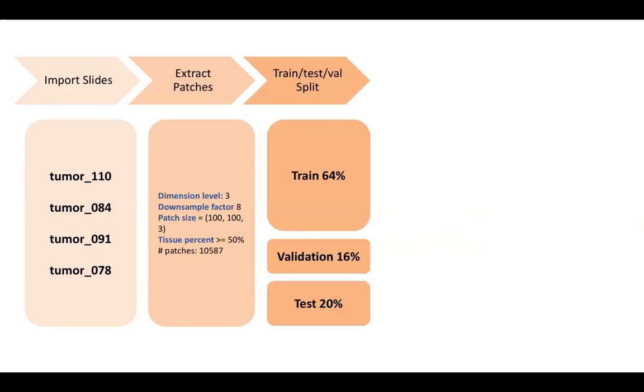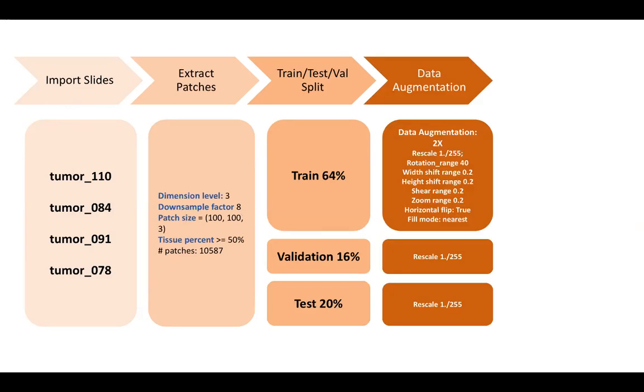Then I did a train, test, validation split: 64% of those patches for the training data set, 16% validation, and 20% test. Then I did data augmentation on the training data set only, because I want twice the amount of the original training data set.